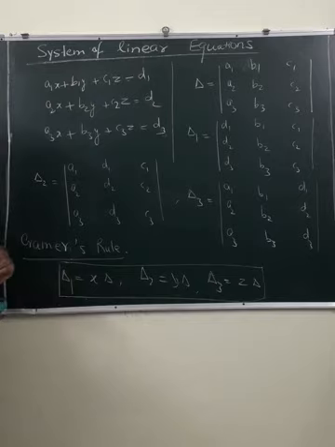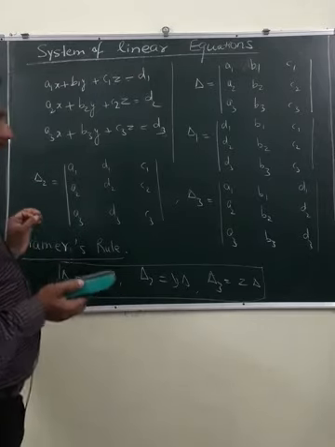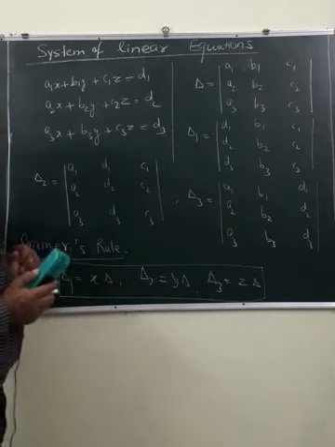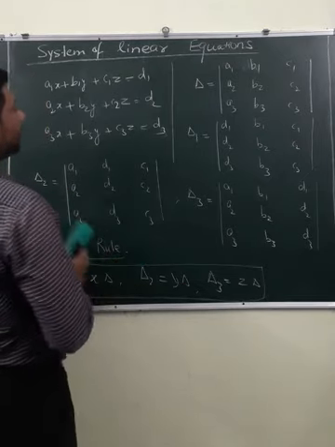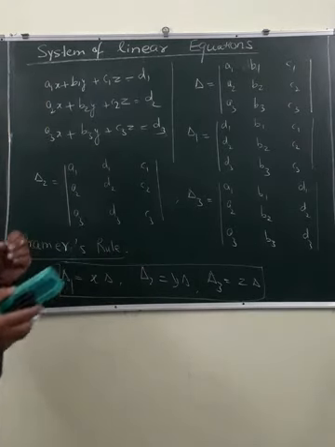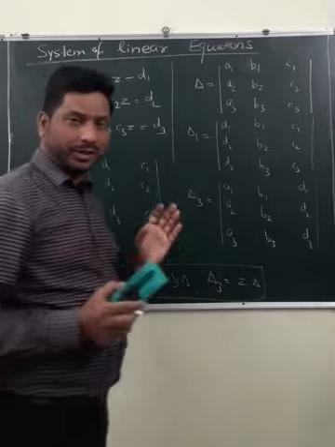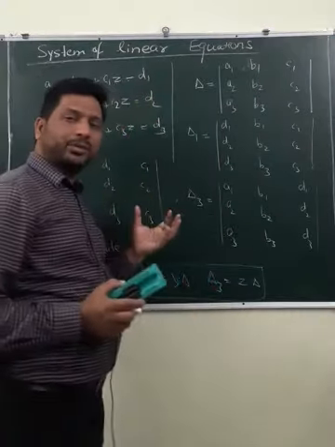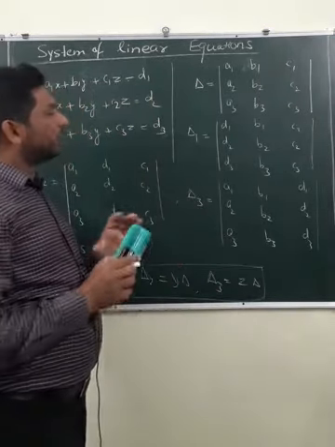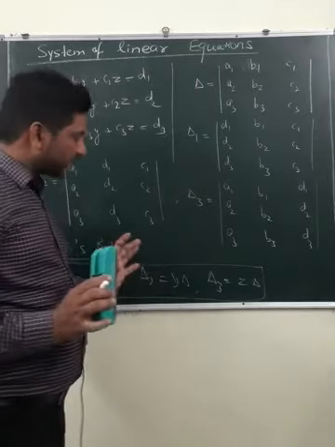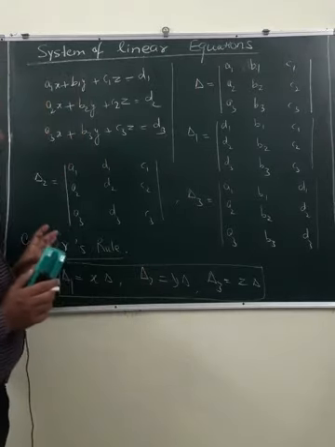So this is the correct form. Now first I will prove this and then I will proceed further. You must have pen and paper with you, and you can pause the video and write all the contents.